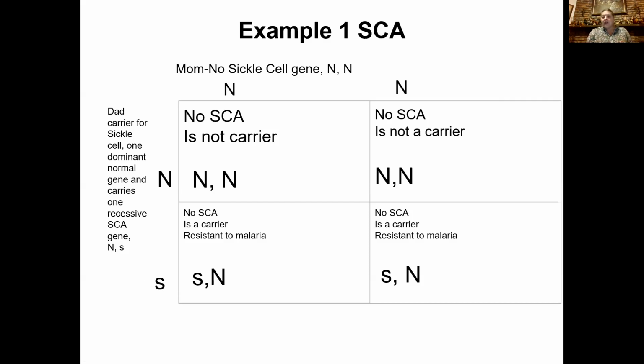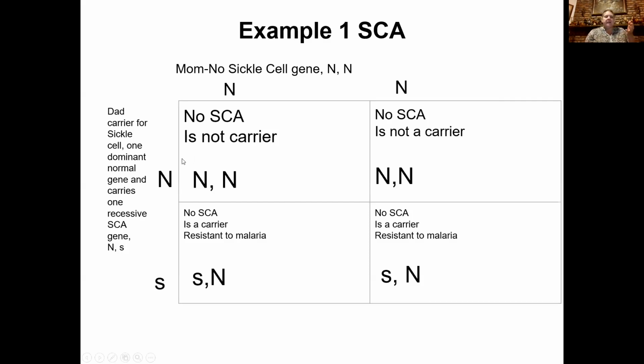It will, however, make him resistant to malaria. This makes biological sense from an evolutionary perspective because people who live in African regions where there are tons of mosquitoes and malaria would be protected from malaria by carrying this recessive gene, and would not be expressing the disease.